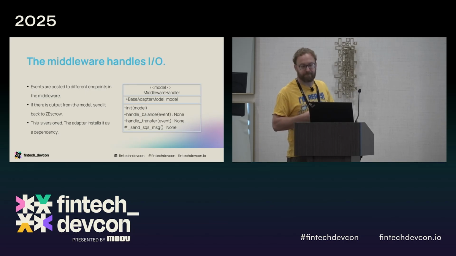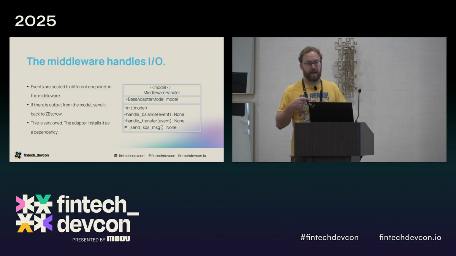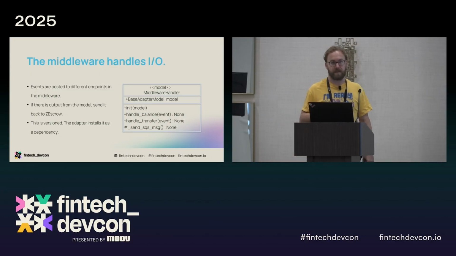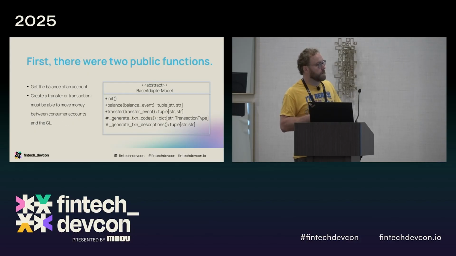It's versioned. So as we update this, let's say we're going to add idempotency, you would just install the newest version of this library, and then you have idempotency ready once you implement it in your model. This is the initial base adapter model, which is what I was starting to talk about too soon.